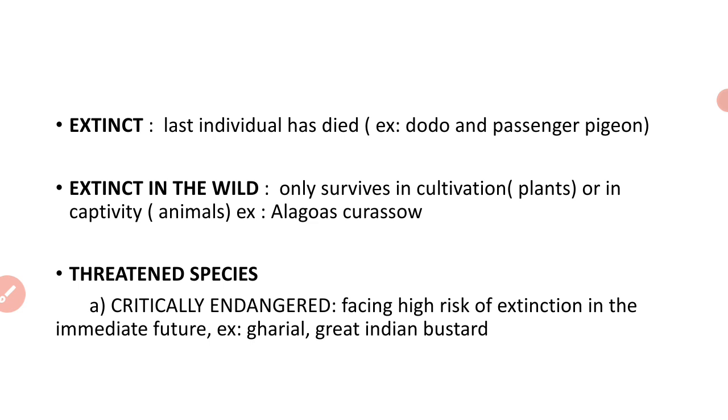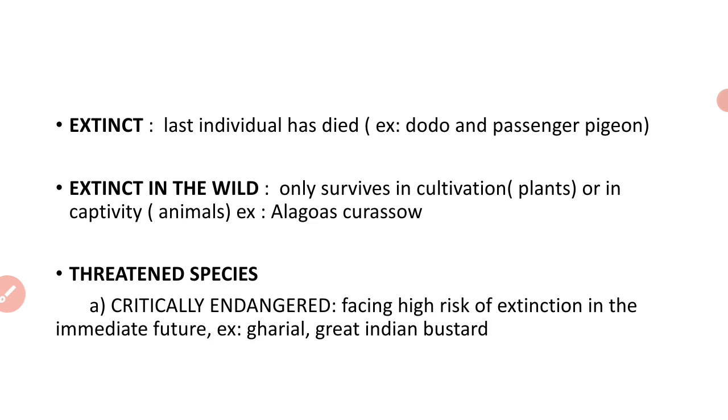Second parameter is geographic range. For example, if the geographic range is small, for example it is less than 100 kilometers square, then it is classified under critically endangered. Third parameter is population size. If population size is less than 250 mature individuals, then it is classified under critically endangered. Fourth parameter is small or restricted population.